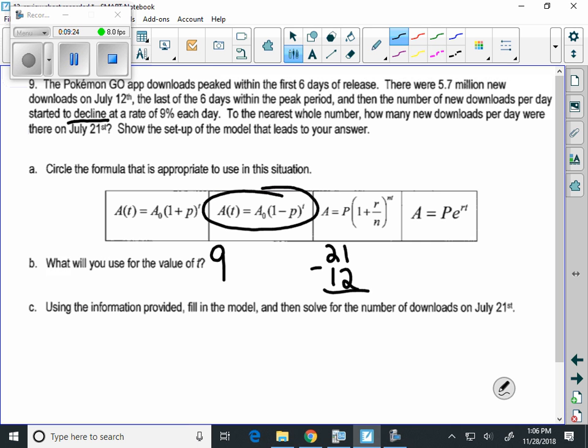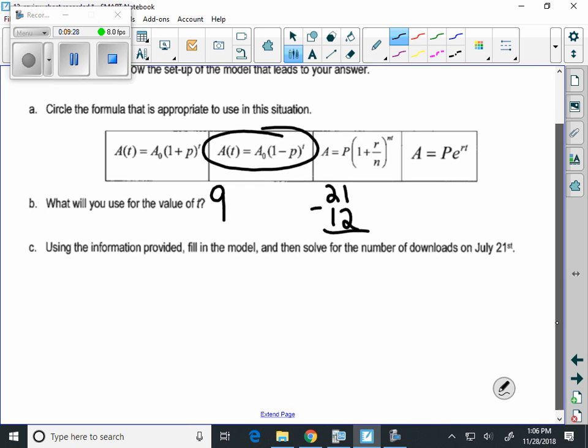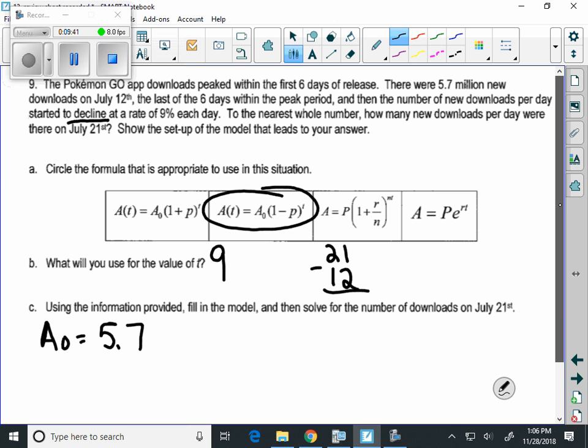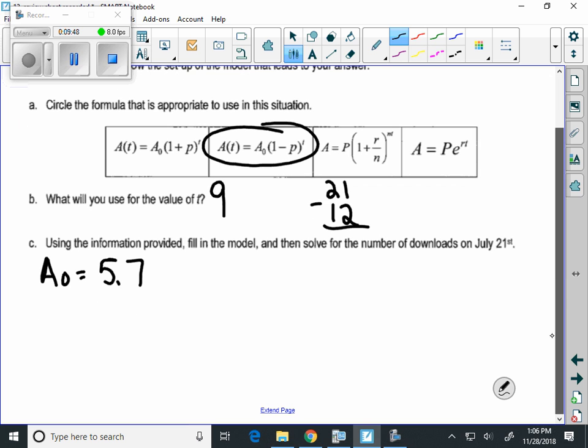Some other information that we know on this particular problem is that we're starting off with 5.7 million, and I'm going to leave it as 5.7 million new downloads. And then it says that we start to decline at a rate of 9% per day.